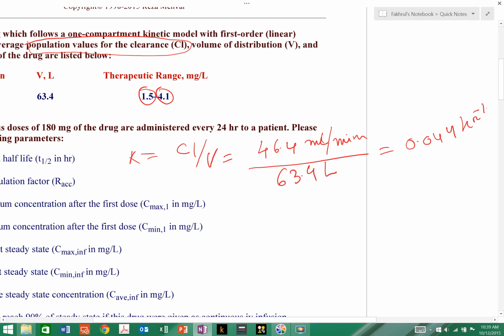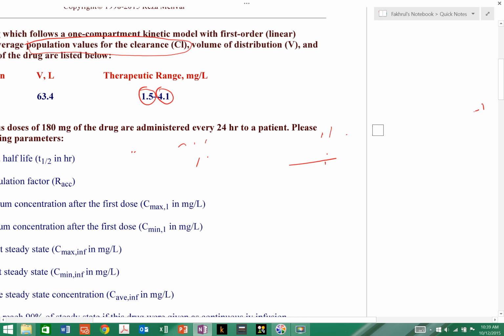So once you know the K, you can easily calculate half-life. So how do you calculate half-life? T half is equal to 0.693 divided by K, which is 0.044.